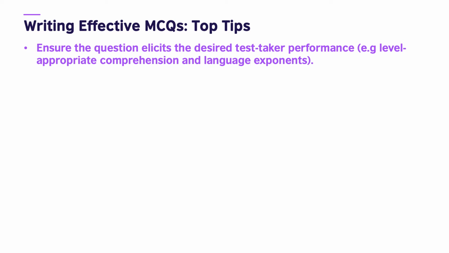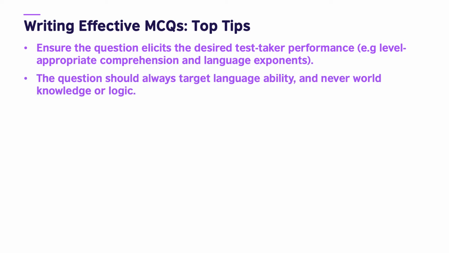For example, at lower levels, you may need to target concrete and sentence-level information, while at higher levels, you might need to target an opinion that is not directly stated, but depends on having understood the text at a global level. In order to minimize the effect of test wiseness, MCQs should always be immune from logic and guesswork. If it is ever possible to select the key because it's the most obvious answer, then this will need to be revised.